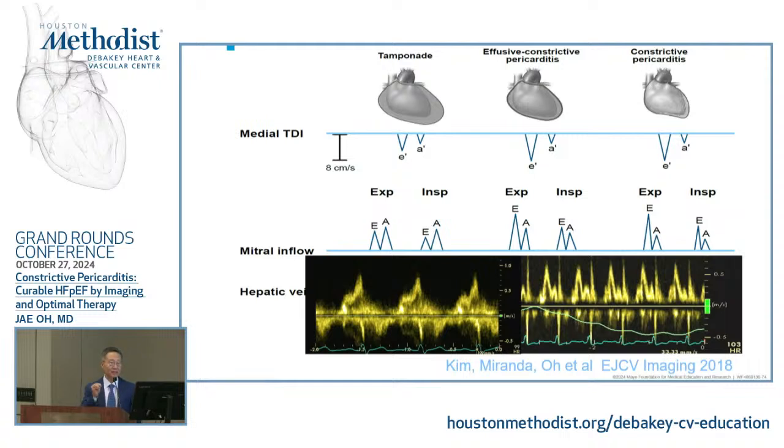But if someone has effusive constriction with large fluid, they actually have a higher E velocity with low E prime velocities. This tells us that, even before pericardiocentesis, if you show this, there's a higher chance of developing effusive constriction. So we end up being a little bit more aggressive. We'd probably give colchicine for 1 month here, but this will be NSAID for 1 month and colchicine for 3 months. That's how we try to prevent effusive constrictive pericarditis in these patients.